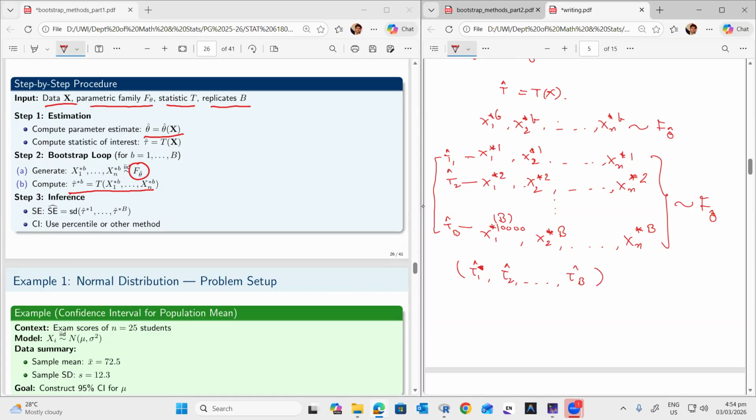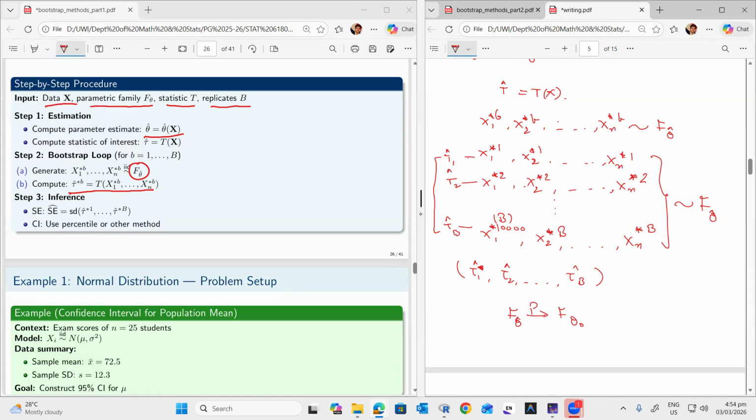All right. So basically, we are saying that the fitted distribution f theta cap will tend to f theta naught in probability. All right.